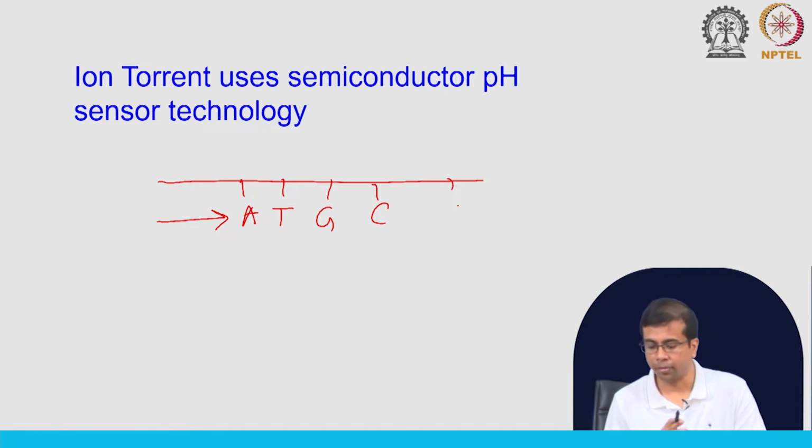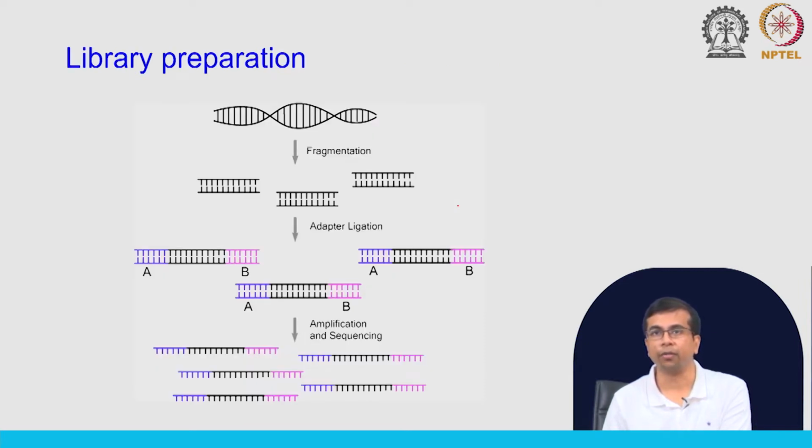So, what is the principle used by this ion torrent method? We will discuss this in a moment. Here is the library preparation. It is very similar to what we have seen in 454 and Illumina.